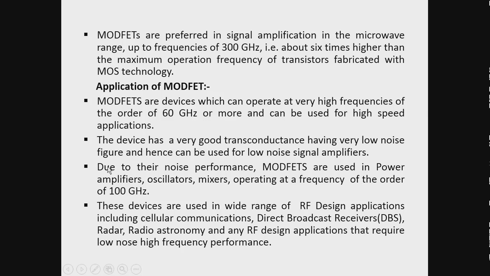Since this device has a very low noise figure, due to its noise performance, MODFETs are used in power amplifiers, oscillators, mixers operating at a frequency of the order of 100 GHz.